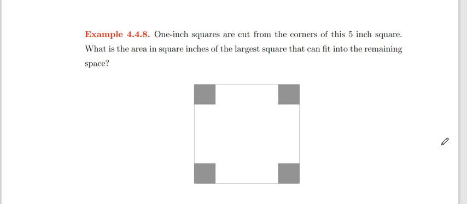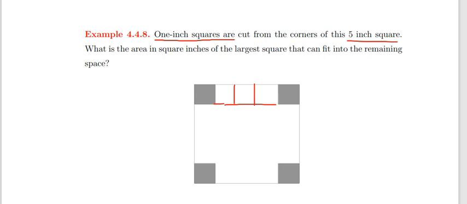So for this problem, it says 1-inch squares are cut from the corners of this 5-inch square. So this is 5. So here's 1, 1. So it is like that. Okay, like that, right? So 1, 2, 3, 4, 5.